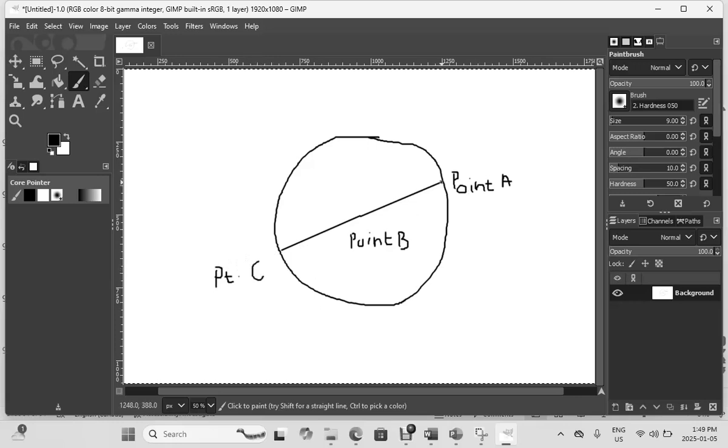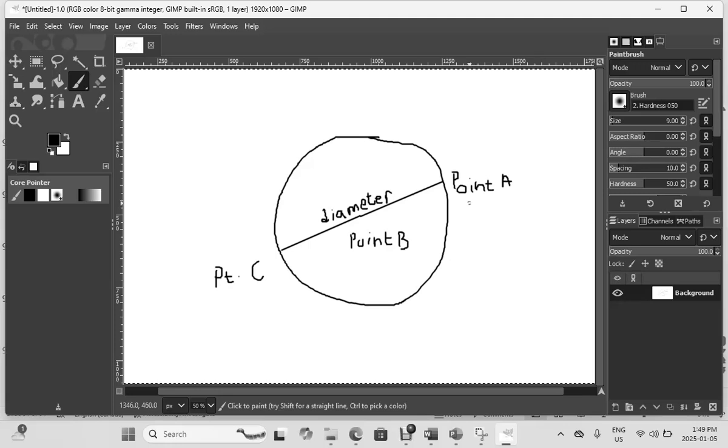If a line connects point A and point C, this will be called your diameter. Diameters are always two times the radius. A radius is half the diameter. A diameter is two times the radius. That's the reason why you have a line going through the center point.